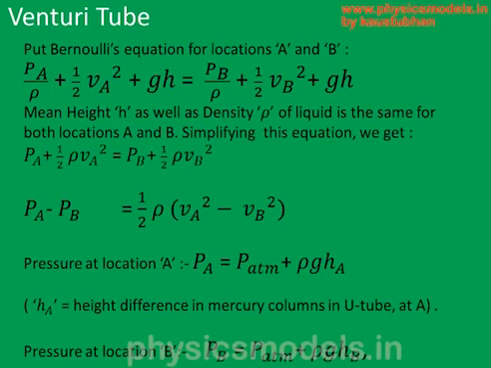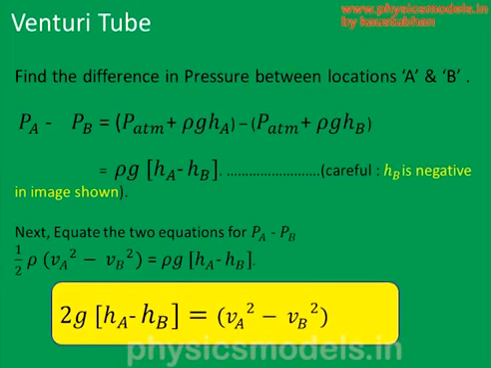Also use the U-tube equation, where the pressure at point A, the pressure of the gas, is equal to P atmosphere plus rho g into the height difference, which is h1 in the image, and here HA. Once you do that, from the U-tube equation you can find another way of writing PA minus PB, and that's also shown here, and you'll get it in terms of HA minus HB.